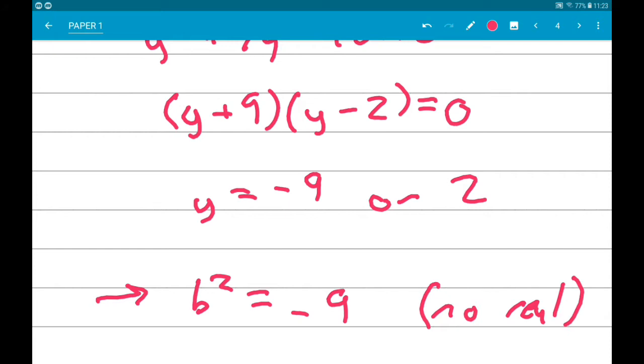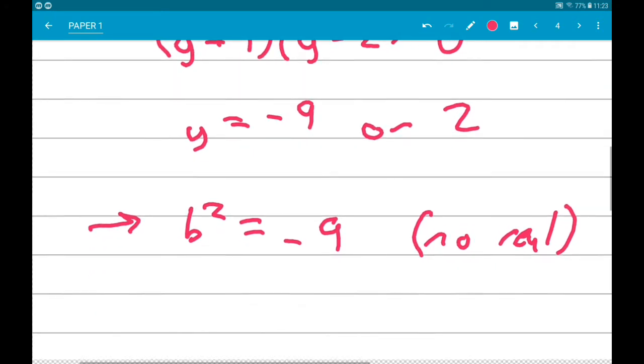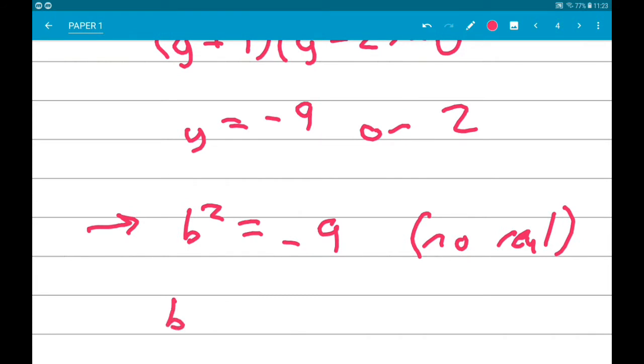Or b squared is 2. So b can be positive or negative root 2.